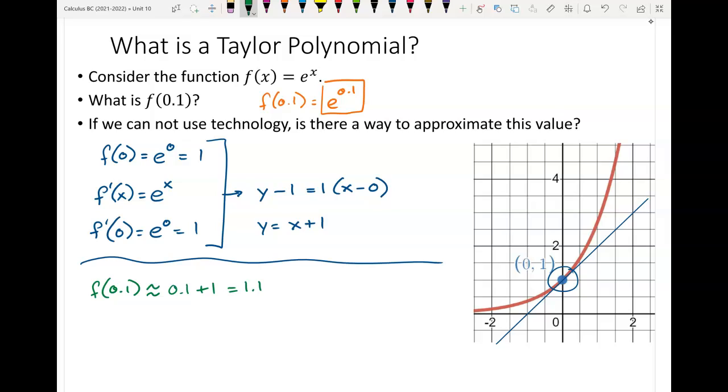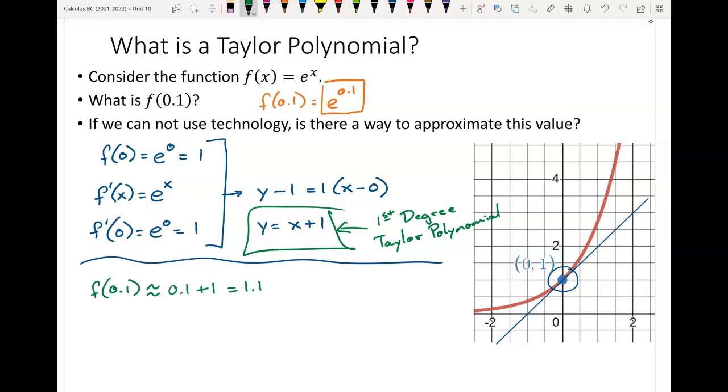So that right here, this tangent line is actually what we call a first degree Taylor polynomial. Actually, a Maclaurin polynomial, to be ultra specific. Okay? All right. So, what we are going to be doing is extending this idea of finding polynomials like our tangent lines that allow us to approximate the functions.